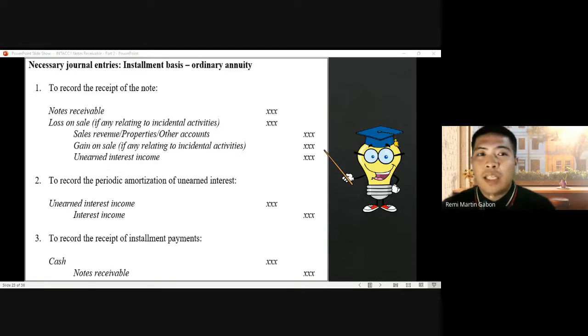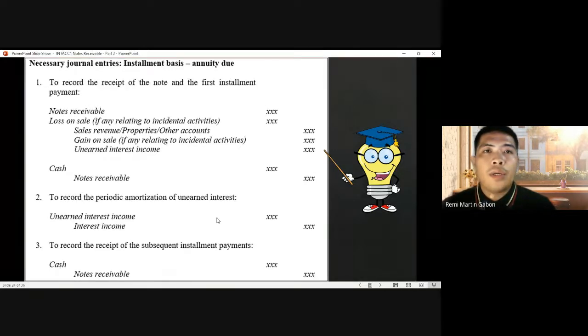The amount of installment collection, not the entire amount of the promissory note. Kasi hindi siya lump sum basis. Installment siya. Then, for annuity due, installment basis under annuity due, in addition to the receipt of the promissory note, we're going to debit cash and credit notes receivable for the advance payment.